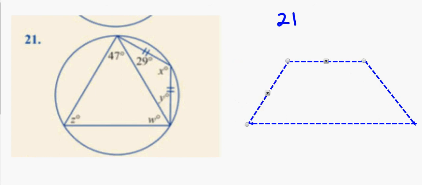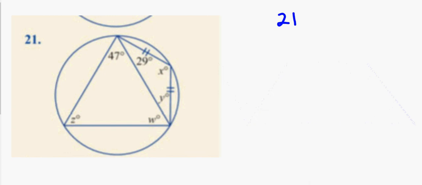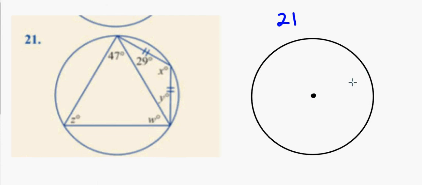Now, next thing I'm going to do is draw a circle. Any circle I want. Those are regular quadrilaterals. Now we're going to do what's called a cyclic quadrilateral, where I pick any 4 points on a circle, like so. Doesn't matter how I pick them. And I draw them into each other like so.